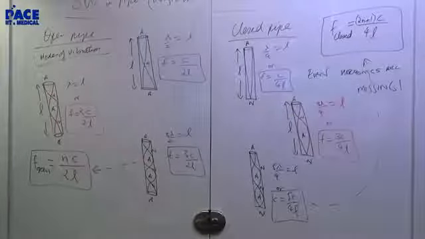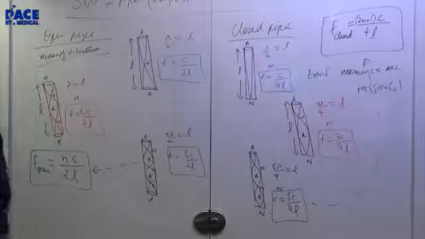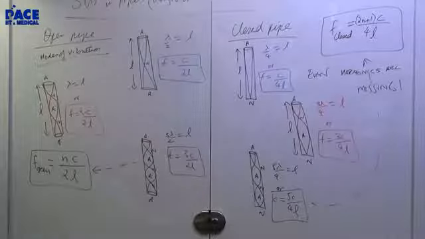So modes of vibration, that's the analysis. We have done something similar for the sonometer and the other one. So it is pretty much the same. The only thing to be noted is open end is antinode, closed end is node.